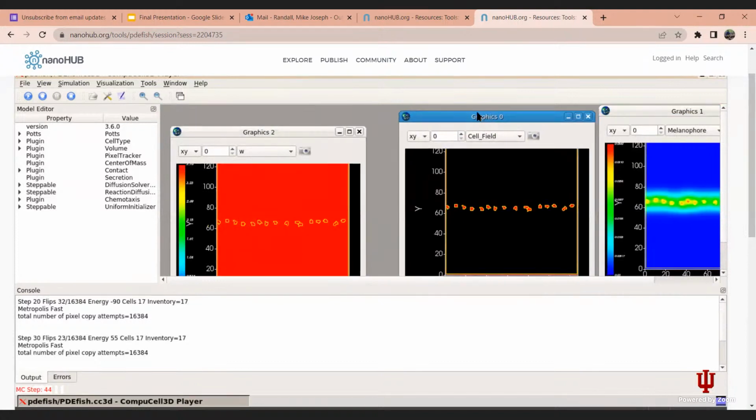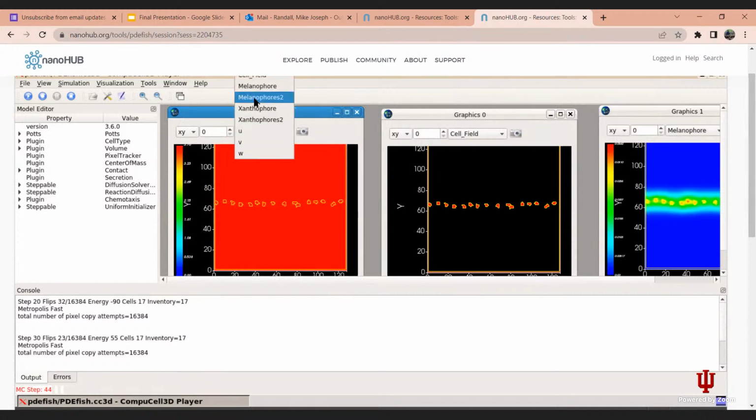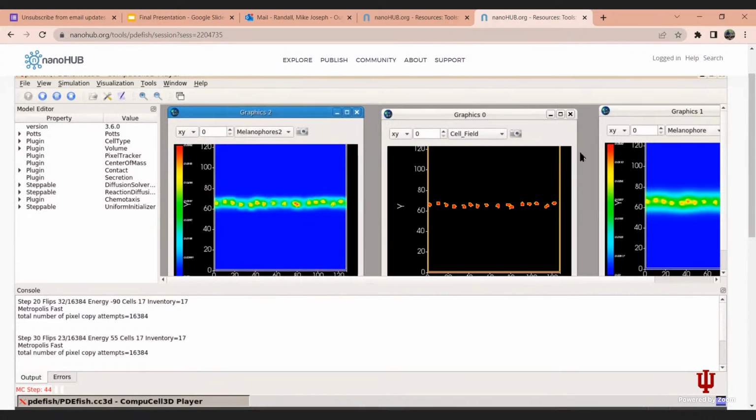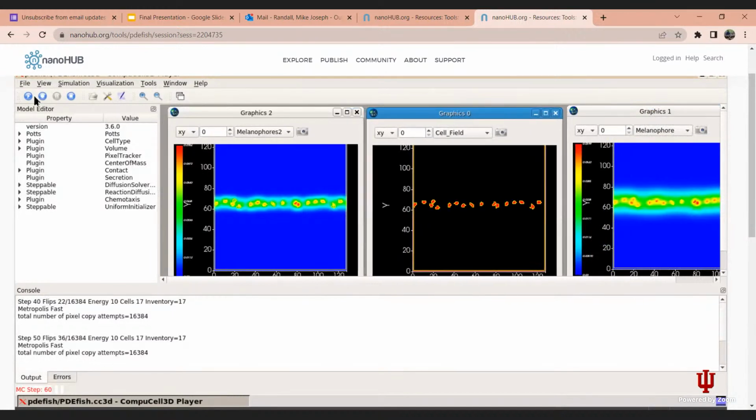It's running kind of slow on my laptop here. So we have the short range and the long range, and then the cells in the middle there. I don't know how fast this is going to run.